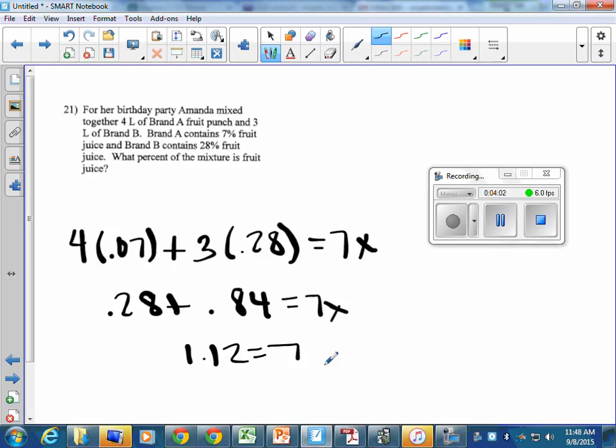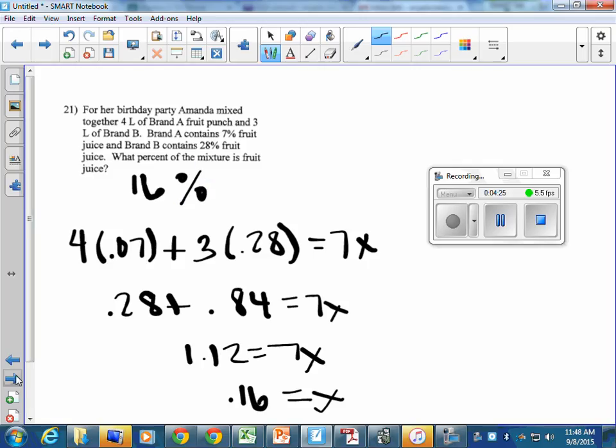Divide by 7, and I get x is 0.16. So my answer is, if I take 4 liters of 7% fruit juice and 3 liters of 28% fruit juice, I would end up with a mixture that's 7 liters that is 16% fruit juice.